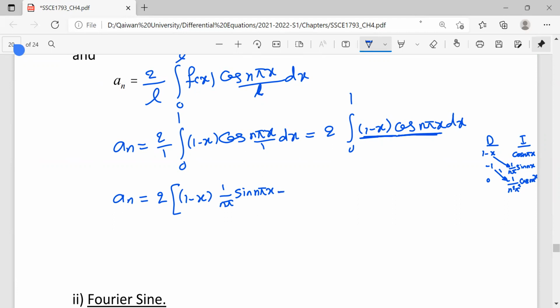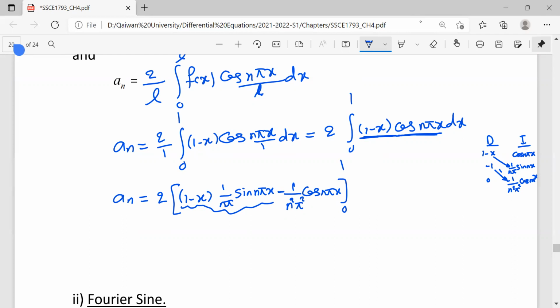It's minus 1 over n squared pi squared cosine n pi x from 0 to 1. We first replace x by 1, then we replace by 0. When we replace x by 1, this becomes 0 because the bracket is 1 minus x, which is 0.